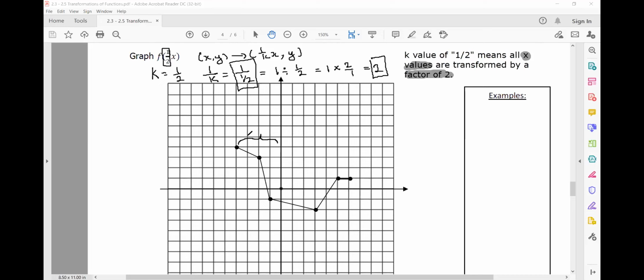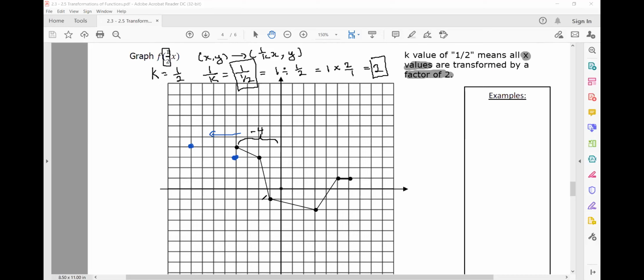Here is an x value of 4. Oh, sorry, negative 4. What would the new x value be for the transformed graph? -8. Negative 8. So that point right here became negative 8. How about the negative 2? -4. Negative 4. Could you continue?